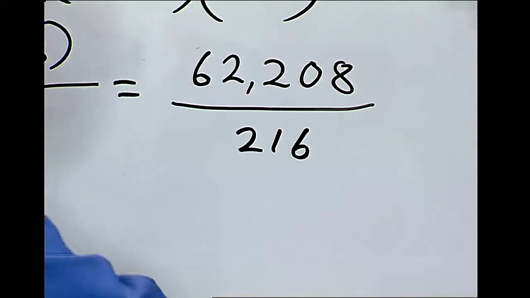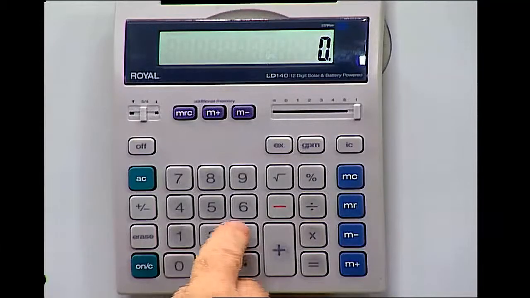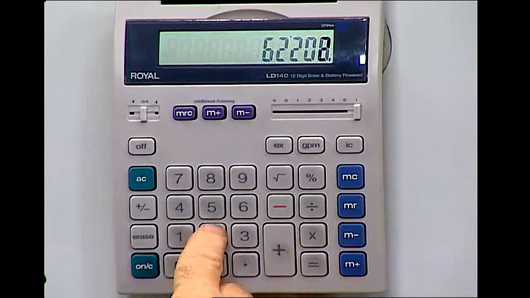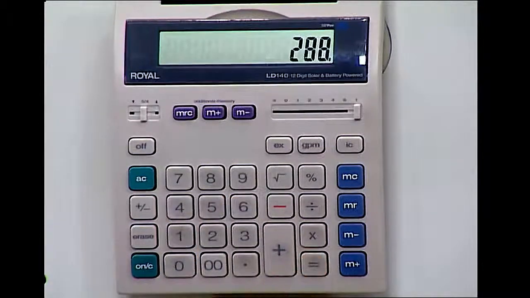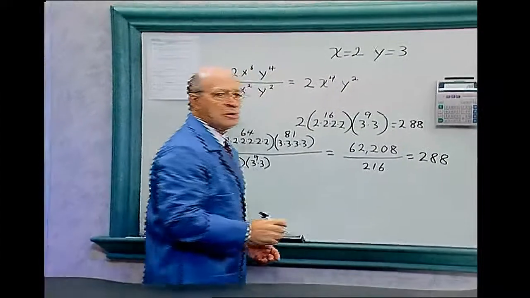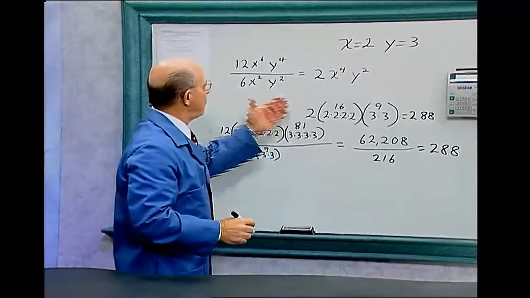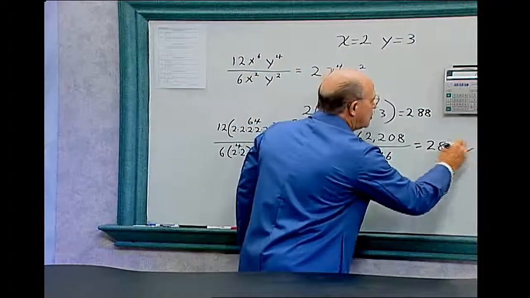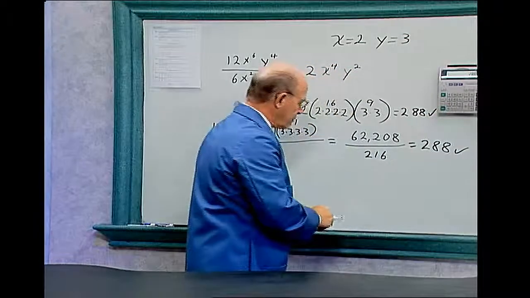Let's divide that and see what answer we get. 62,208 divided by 216 equals, and the answer is 288. So this shows that what we've done here is right. We got the same answer both ways.